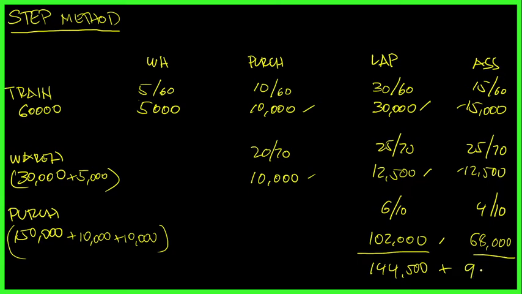Wait, where am I? 37,500 plus 95,500 yata. Okay. So, ayun. And the total should be equal to yung total ng overhead na dinidistribute natin, which is 60, 30, and 150. Magkano na ba to? It should be equal to 240,000 pesos. Tama ba? Yes, I think it's 240.